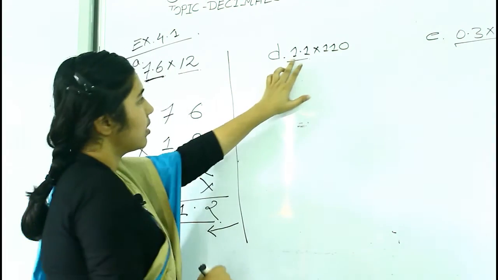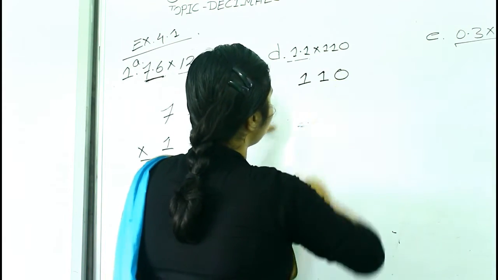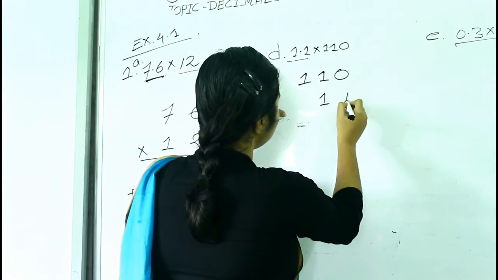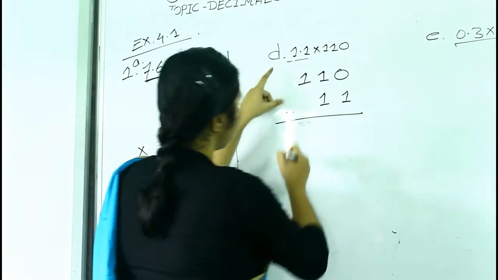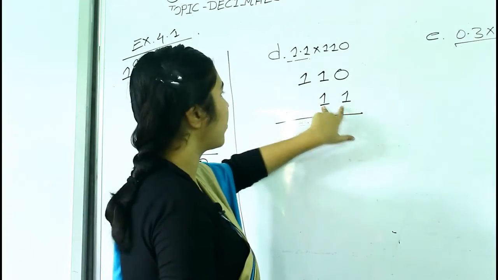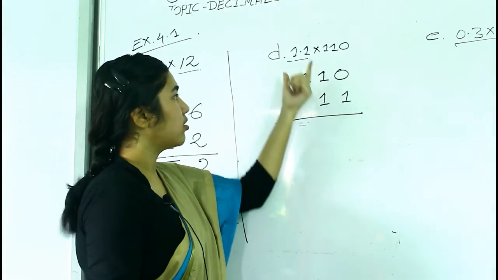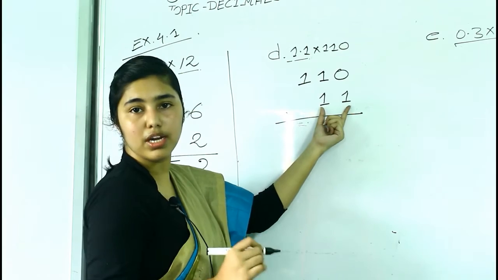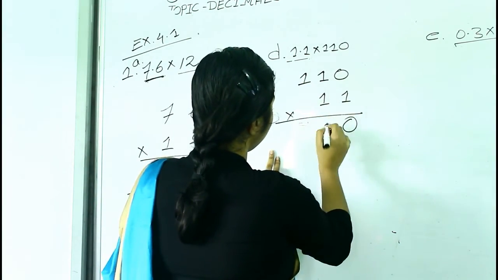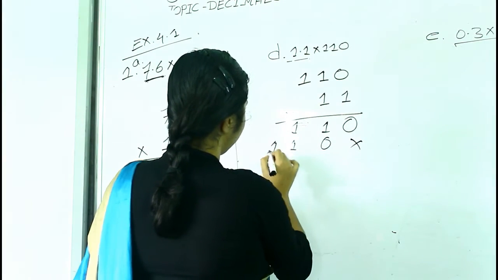Next, here consider 110 as the multiplicand and consider 11 as the multiplier, writing this number 11 without the decimal point. So consider 1.1 as the whole number 11. Now multiply: 0, 1, 1, 0, 1, 1.